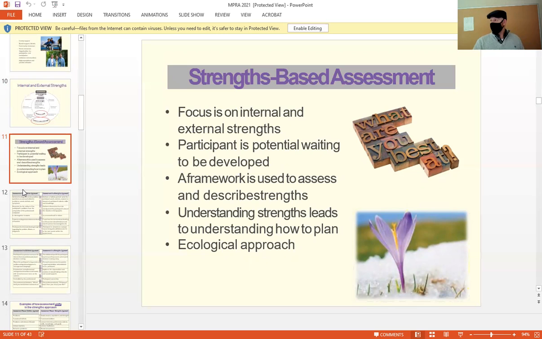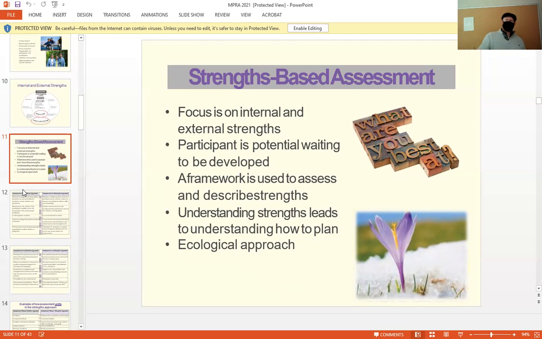You know, this is where we can get to. It's not, this is what's broken, we must fix. A framework is used to assess and describe their strengths. We need to bring those to the forefront a lot of times, where even the patient, the client themselves, realize the things that they have that are positive, strengths that they can use to help them.